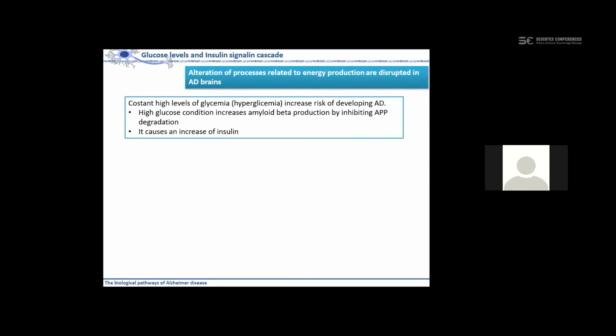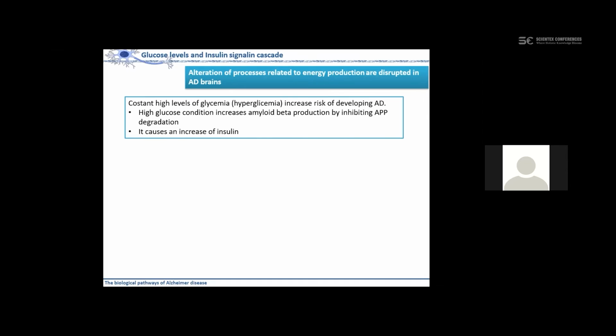A particular and interesting pathway that we have taken into consideration is the glucose level and insulin pathway. For we know that alteration of processes related to energy production are disturbed in AD brains.